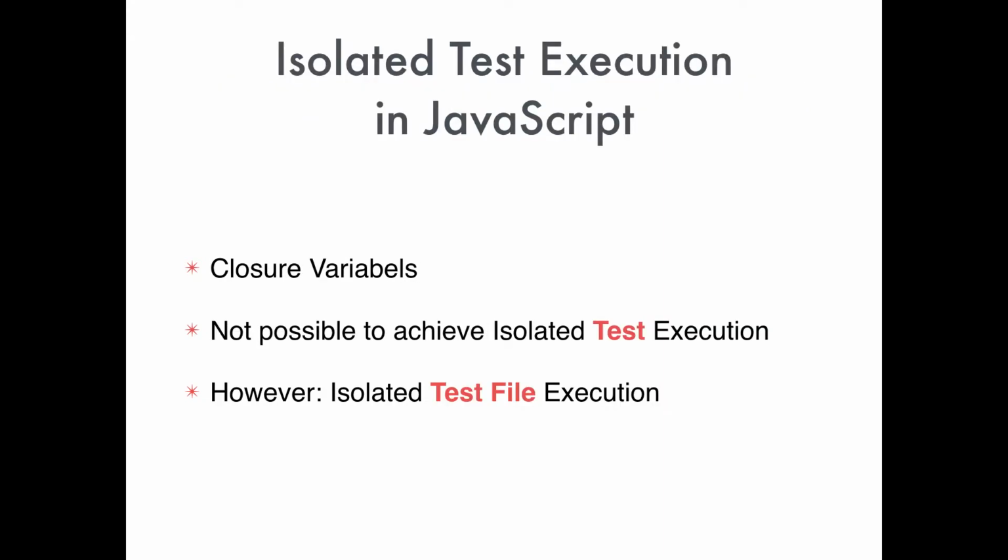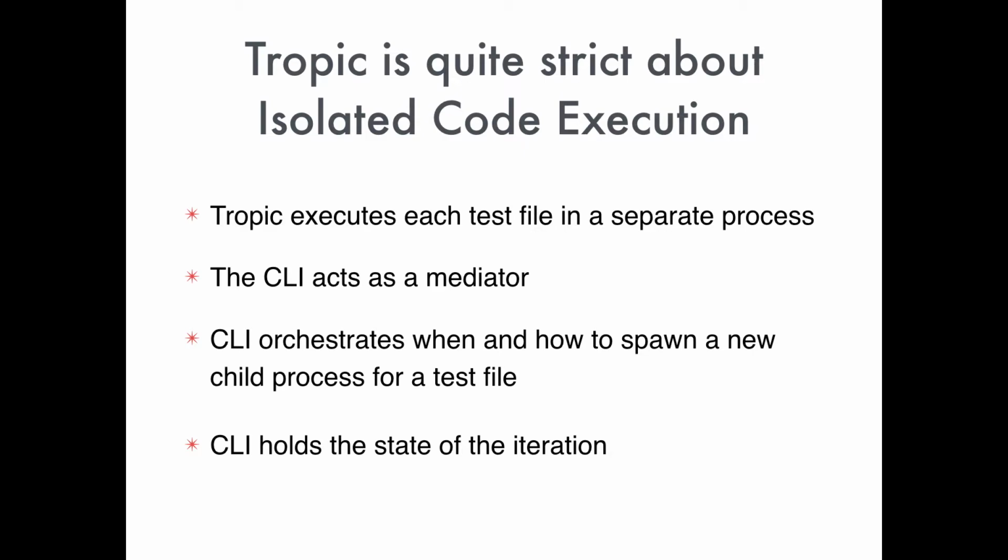However, in JavaScript, it's not that easy because we have all these closure variables, and it's not really possible to achieve isolated test execution. But we could have something like isolated test file execution. And that's actually how Tropic acts, with isolated code execution.